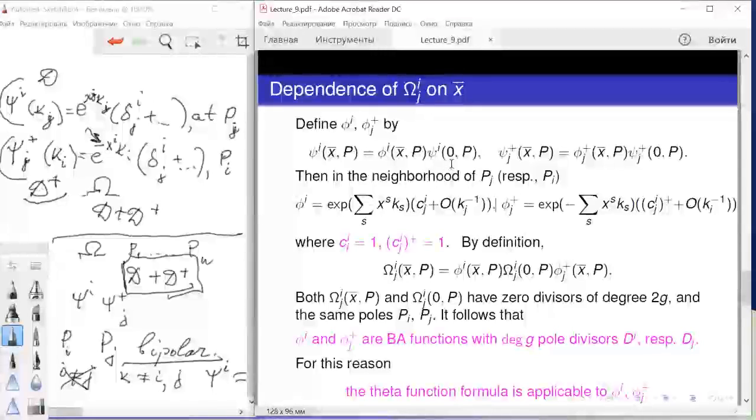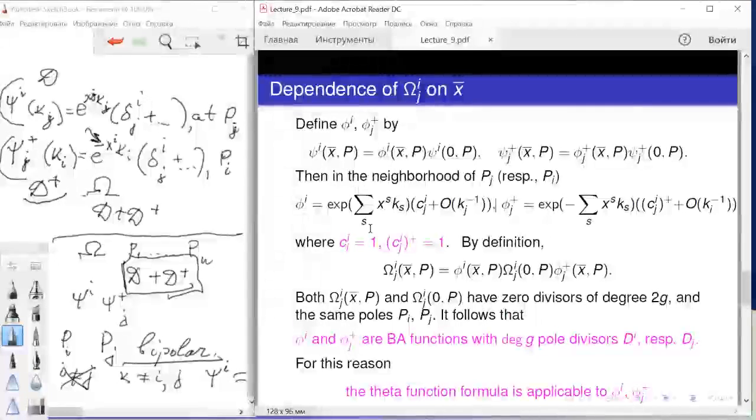So it's just obvious that psi i of 0, p and psi j cross of 0, p are just rational, just meromorphic.